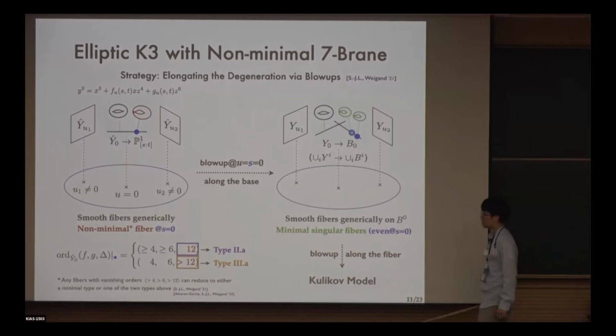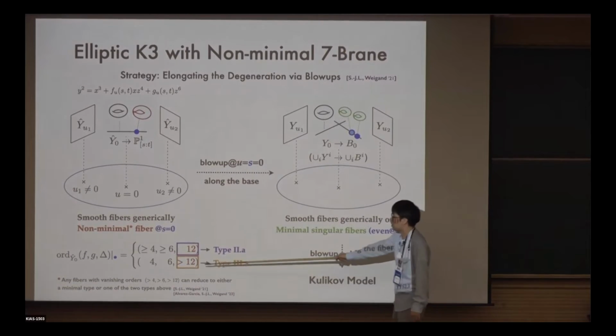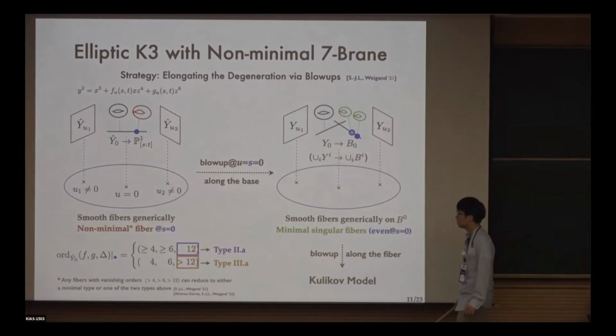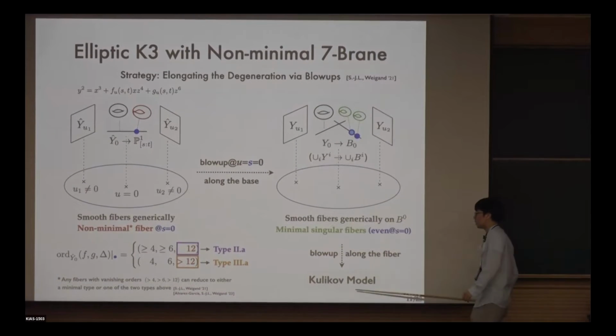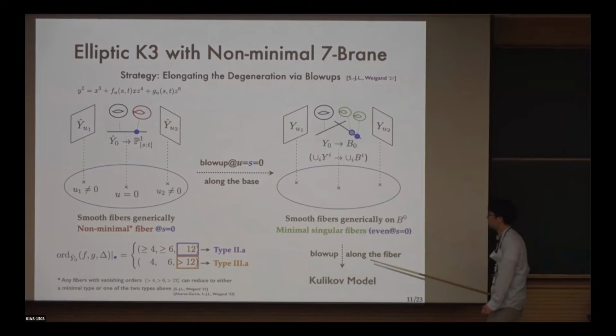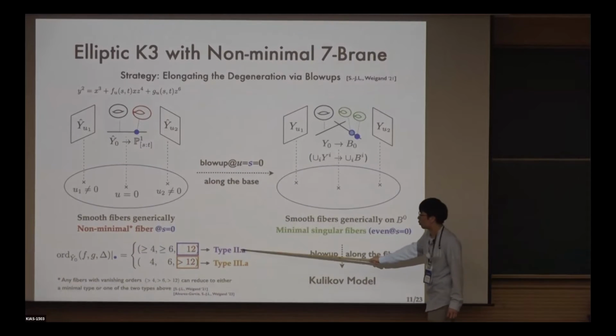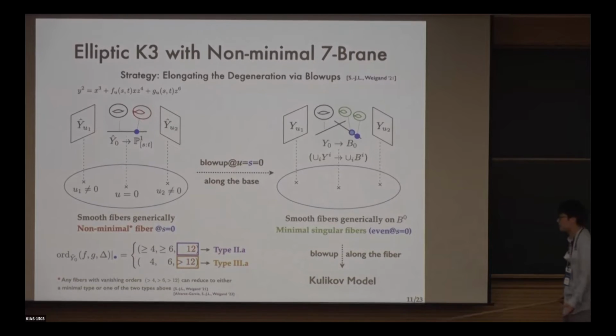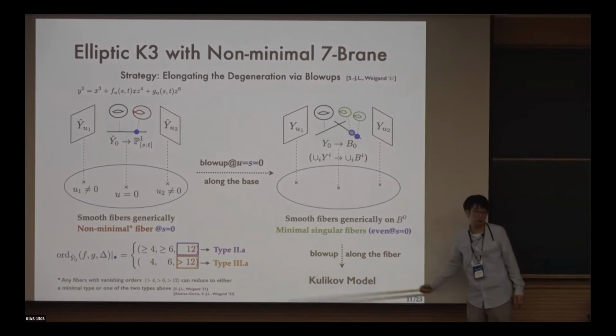So this is our observation. So depending on the vanishing order of delta, whether it's precisely 12, or bigger than 12, the resulting Kulikov model, which is obtained via this procedure, will be of type 2 or type 3. So of course, as I said, they should sit at infinite distance, and indeed, we see that they are either type 2 or type 3.